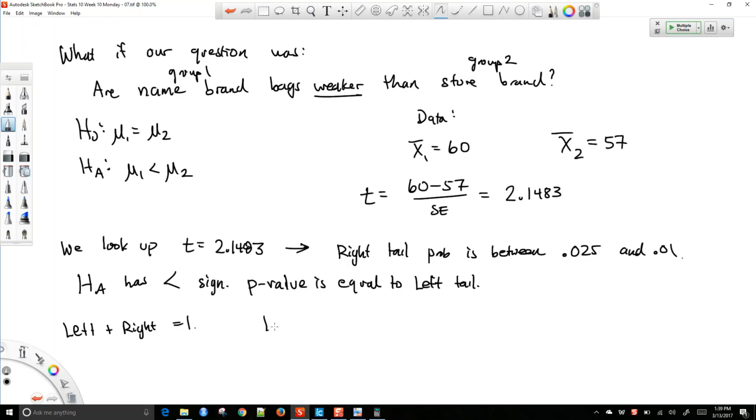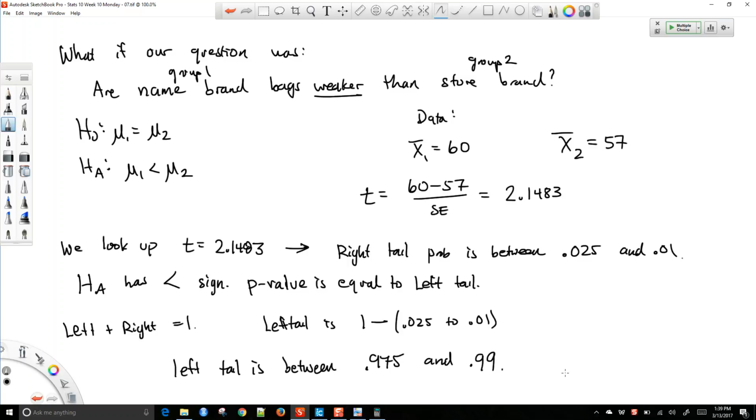Therefore, my left tail is 1 minus basically the range 0.025 to 0.01. So my left tail is between 0.975 and 0.99. Which is kind of silly, but that is the technical answer here.